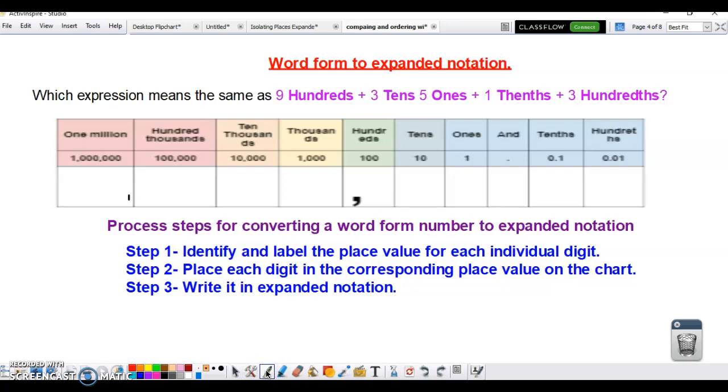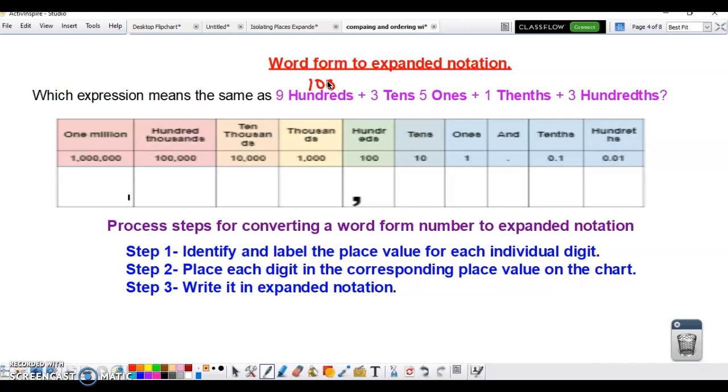So the next problem: which expression means the same as 9 hundredths, 3 tenths, 5 ones, 1 tenth, 3 hundredths? Well, again, label each one of the values. So let's do that. 9 hundredths. So I'm going to put the hundredths right there.